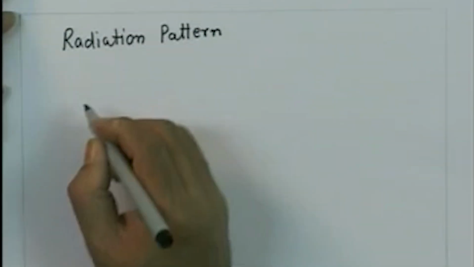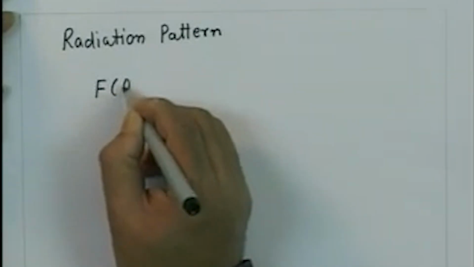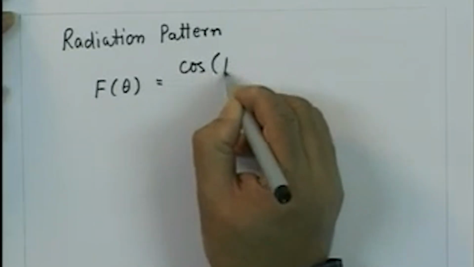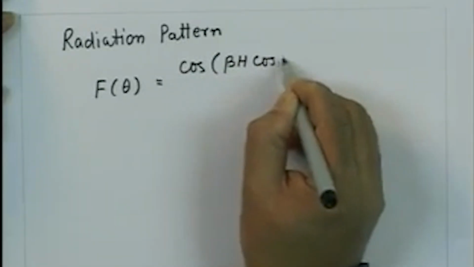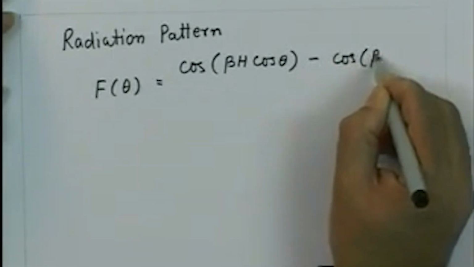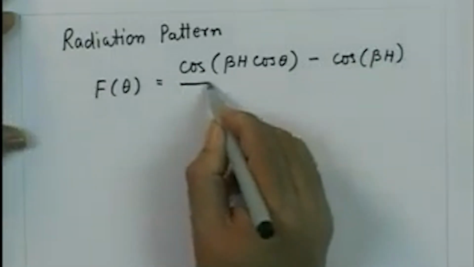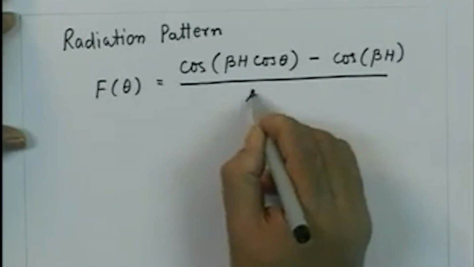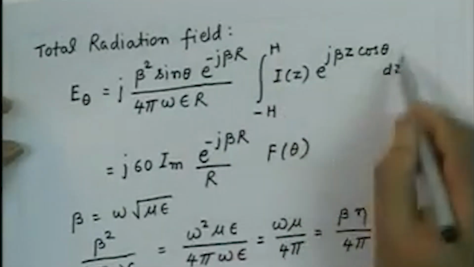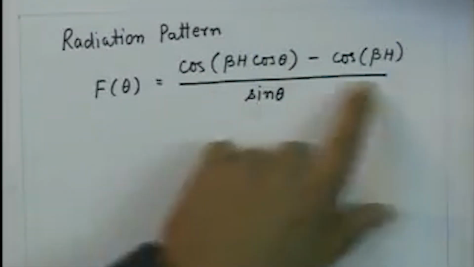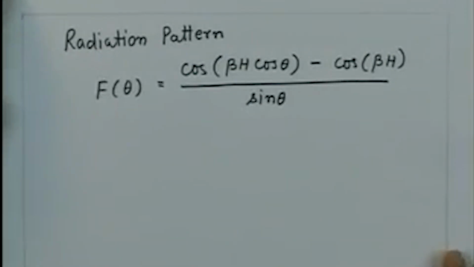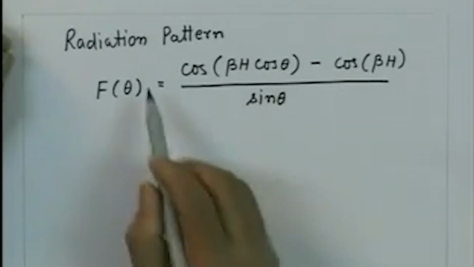So, radiation pattern would be f of theta equal to cos of beta h cos theta minus cos of beta h divided by sin theta. Just if you solve this integral, that is the thing essentially we are going to get as a function of theta.